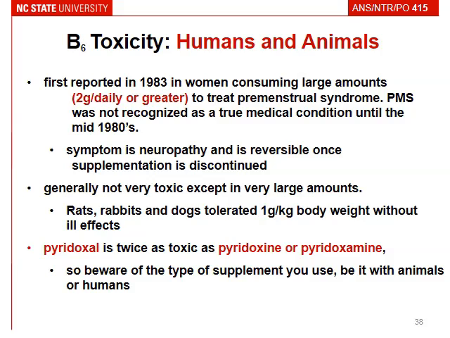We do know that pyridoxal is twice as toxic as pyridoxine or pyridoxamine. So you have to be aware of which type you are finding in your supplement. If you're willing to try B6 as a treatment for PMS, make sure you take pyridoxine or pyridoxamine as opposed to pyridoxal.